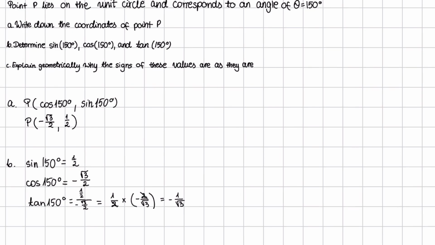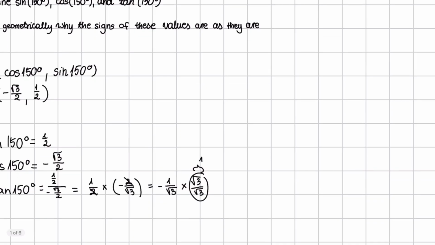And here we have to multiply our answer by square root of 3 over square root of 3, so this is 1. However, we cannot have a square root or any root of something in our denominator, so we have to multiply by the root.